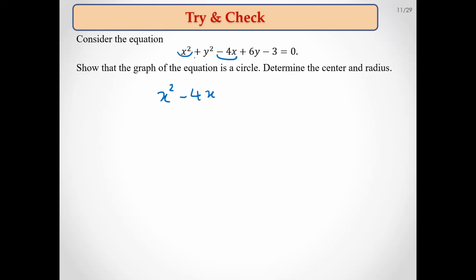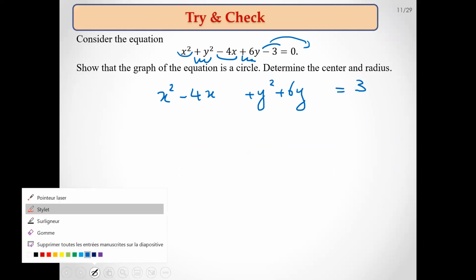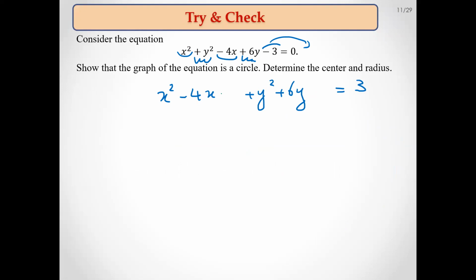We collect all y's together. 6y. وهذا نوديه the right side equals 3. بعدين نضيف always plus أضيف. إذا minus 4 over 2 all squared.